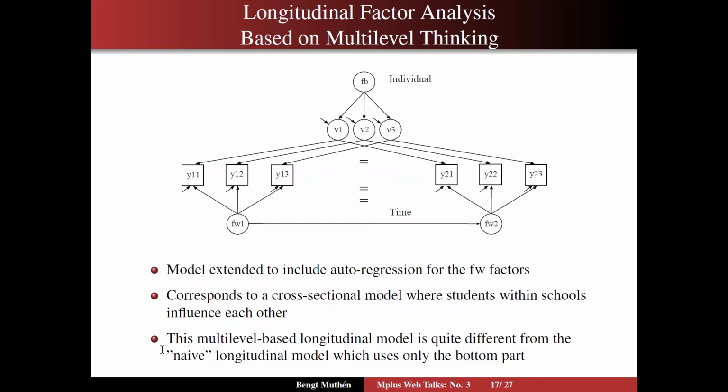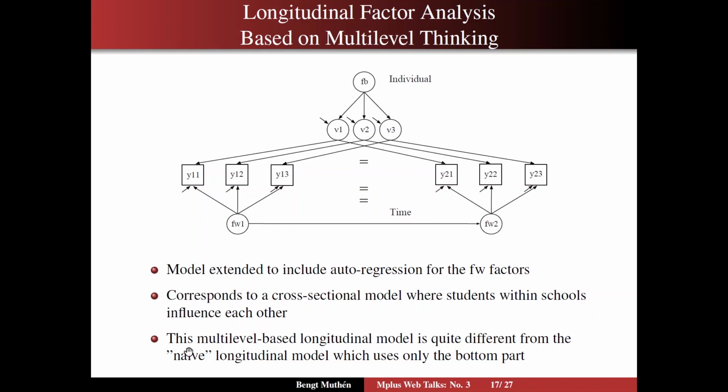So now if you then take this longitudinal factor analysis based on multi-level thinking and have individual at the top level and time at the bottom level, we can add this path between the 2 time points, time point 1 and time point 2. So that's an autoregression for the FW factors, for the within factors. That would correspond to a cross-sectional model that I talked about before, where 2 students within a school influence each other.